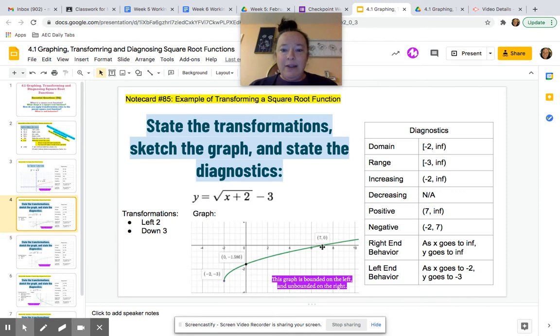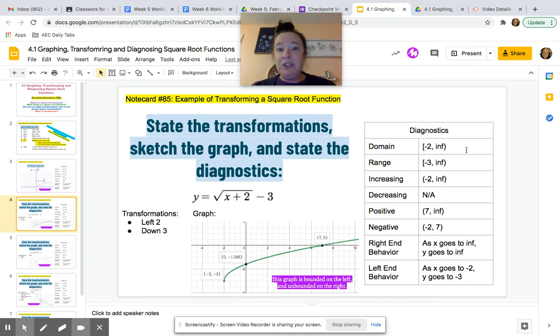All right, and then I also wanted to see where it crossed the x-axis because that dictates the positive and negative intervals. So there's the graph, and on the left it's bounded because it stops, and on the right it keeps going. We call this a starting point right here. So our domain is -2 with a bracket, because if I smush that up, the -2 would be included.